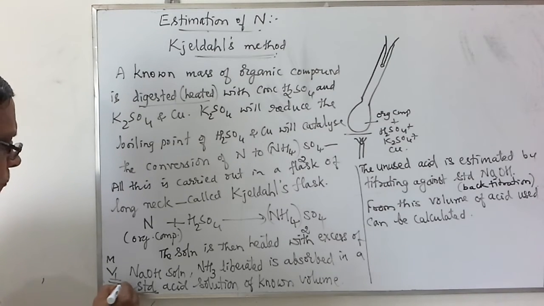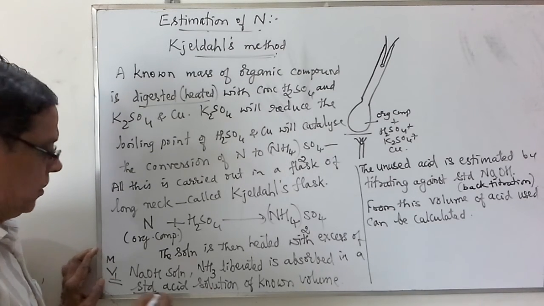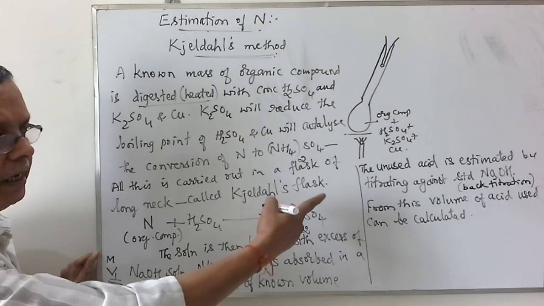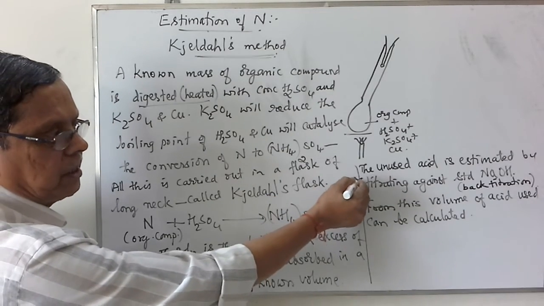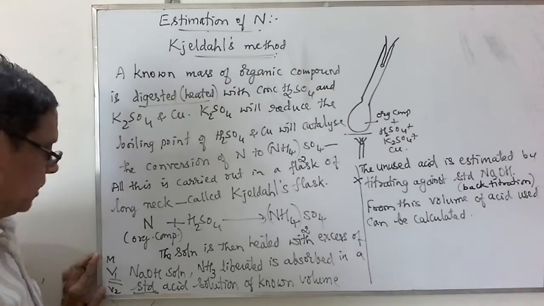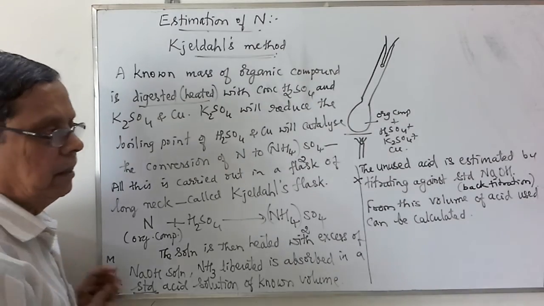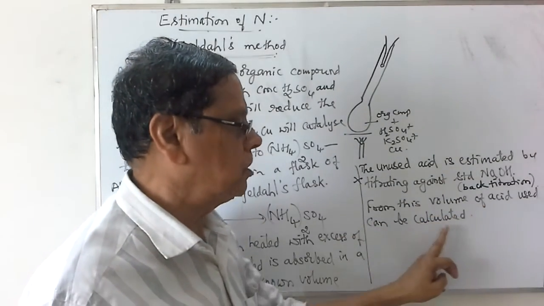If you are using V1 ml of the acid, and V2 ml of acid remains unused, which is estimated using this NaOH solution, then V1 minus V2 will be the volume of acid that is used.